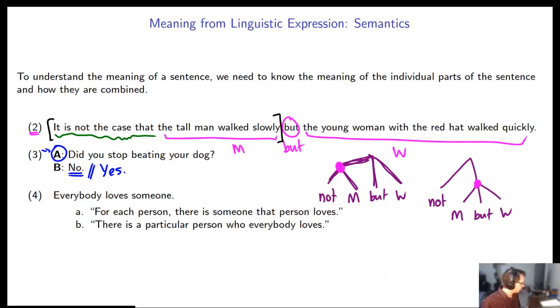Finally, this last example, everybody loves someone. Sometimes we don't expect something like this to have two different meanings, but there are two different meanings to this sentence.